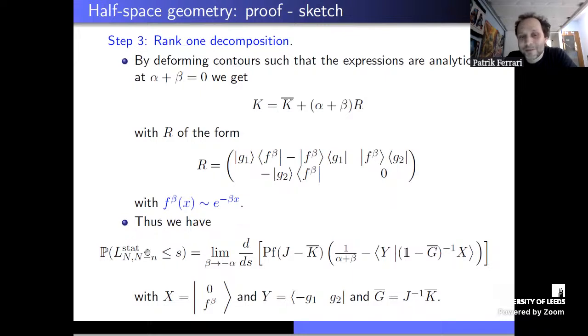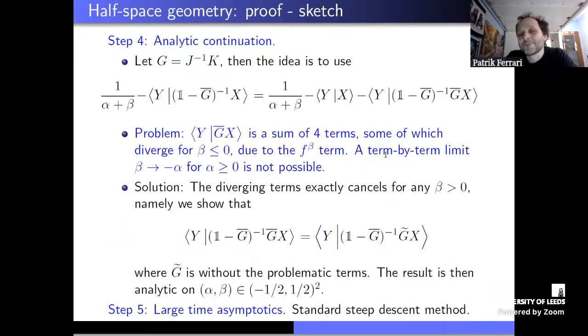But then we have the same structure as before, exactly the same structure. And for the analytic continuation, we expanded first 1 minus the resolvent by doing the first step expansion. Then you get this one. This term was very nice, no problem. But now this one was problematic.